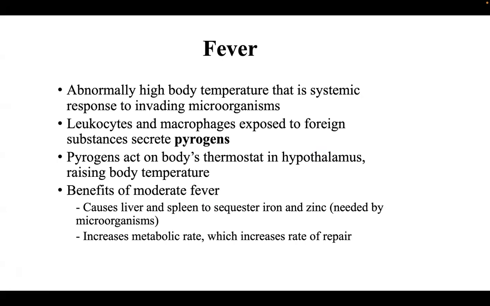So what happens when we have an infection? Leukocytes or macrophages, when they are exposed to a foreign substance, suppose a bacteria, start secreting a substance called pyrogen. Okay, pyrogen.